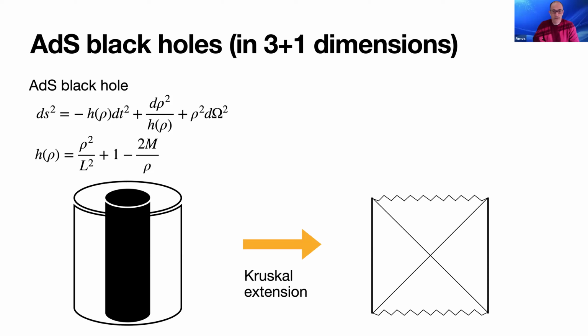There's a Kruskal extension, so the Penrose diagram takes the form on the right. The coordinate system that you see here really just covers one wedge of this space-time. So this is very, very similar to Schwarzschild.